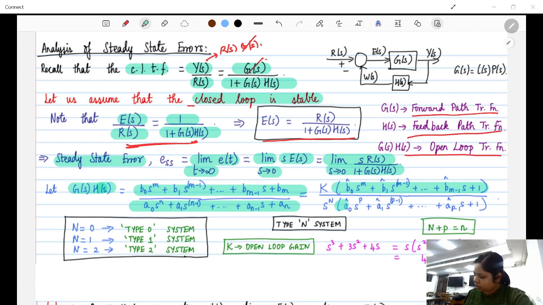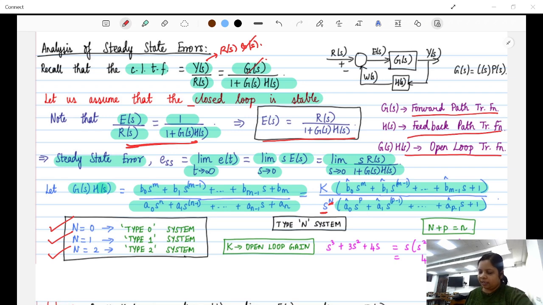Here also you are supposed to take out any s that is present. Once you have every common s out, then you can write s to the power n. So whatever s is coming out, you have something as the power. This n determines the type of the system. So if this n is 0, it is a type 0 system. If this n is 1, this is a type 1 system. If this n is 2, this is a type 2 system. All right, so this is how you define the type of the system.